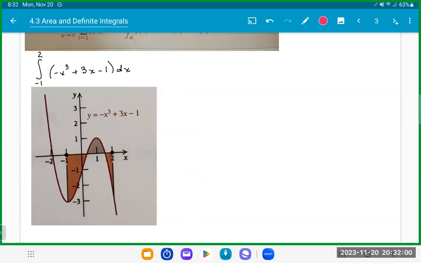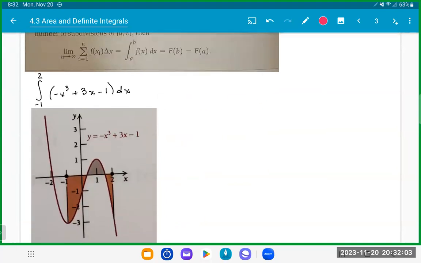Okay, question. Okay, so let's evaluate this. If I'm evaluating this, negative x cubed becomes negative x to the 4th over 4, since 3 plus 1 is 4.